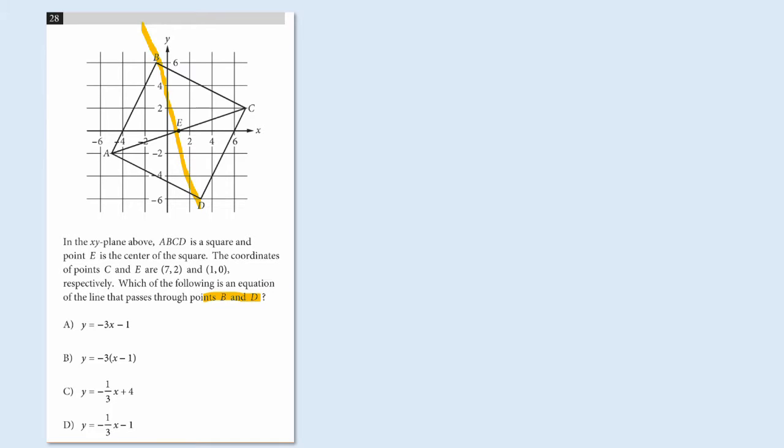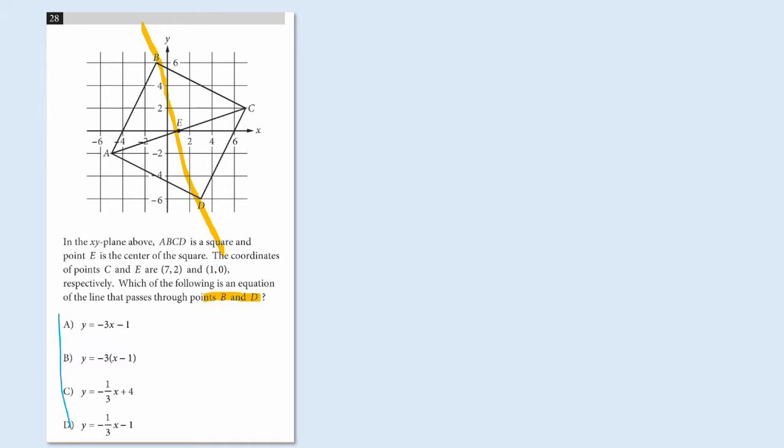And I'm not great at drawing, but even that crude sketch is going to be sufficient for our finding the answer. And the key is that this is a multiple choice problem. So all we have to do is figure out which of those 4 choices is the correct one. We don't necessarily have to find and compute the actual equation ourselves. We can use process of elimination.